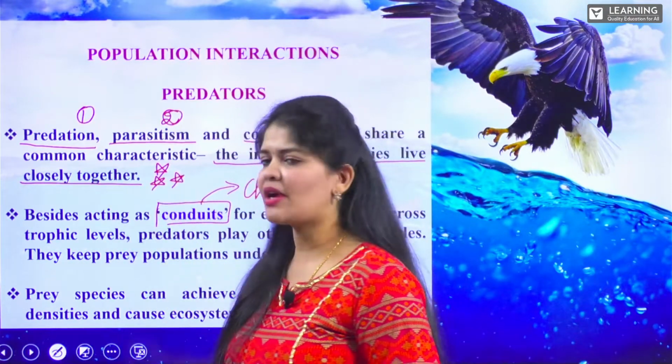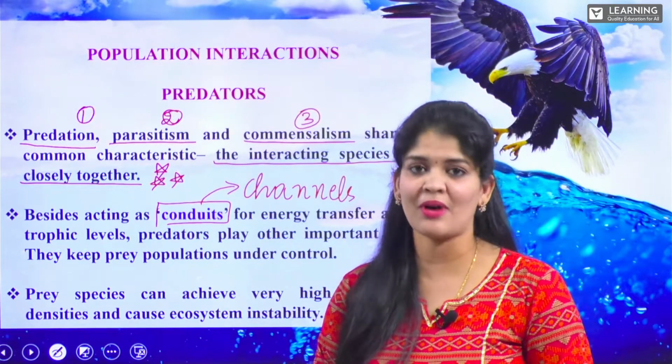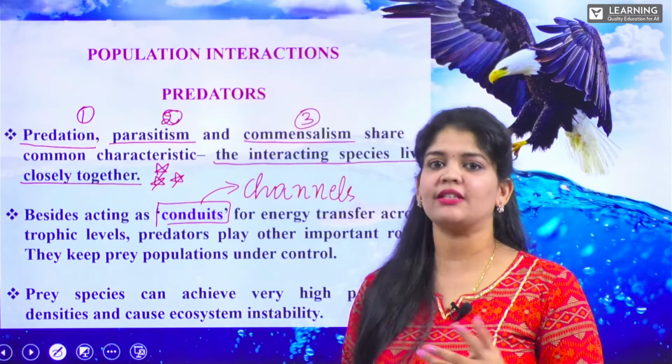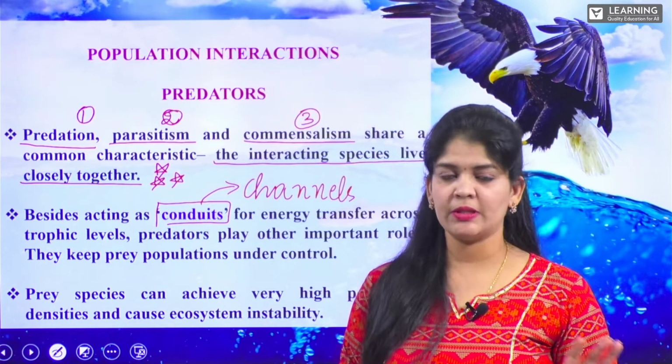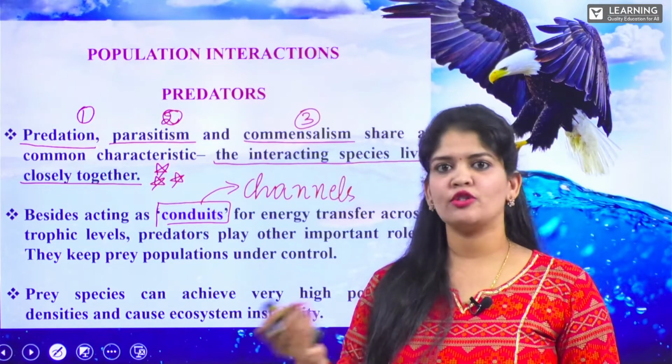Yes, in the remaining interactions we also find the interacting species live close together, but in your NCERT textbook these 3 interactions were given. So it's very important to remember, because each and every sentence of the NCERT textbook is going to convert into MCQs.